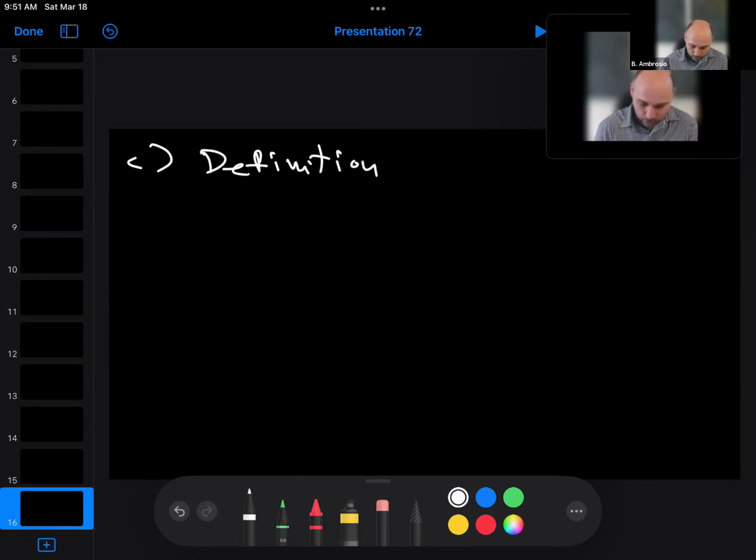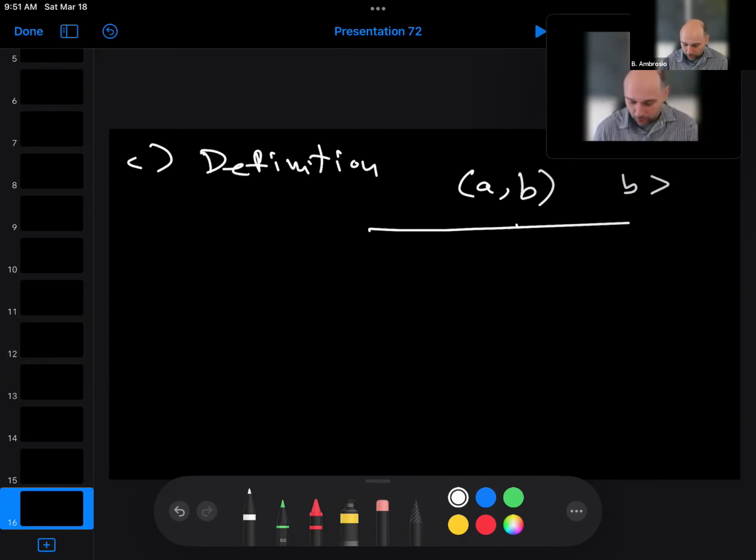What is an open interval? An open interval of R is defined by two numbers, a and b, with b larger than a, and I choose parentheses to say that I exclude a and b.